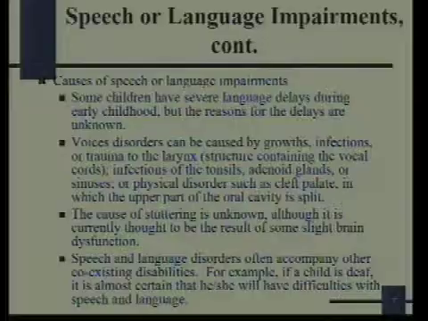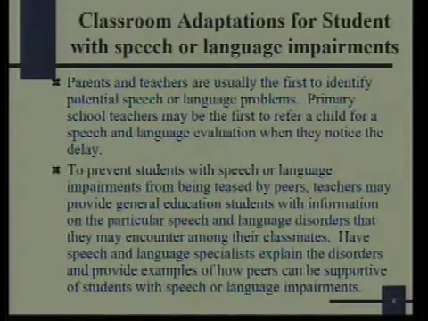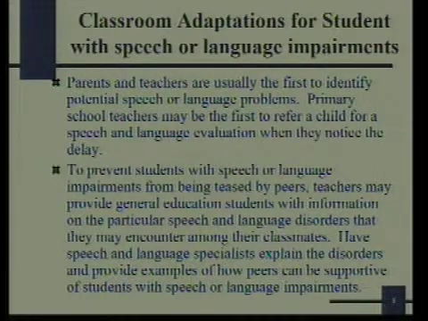We would never be able to acquire language if we didn't have models. So when a deaf person cannot make use of the models because they don't hear, they never learn to reproduce the words and use language in order to have their needs met. We'll talk more about that next week when we get into low incidence disabilities.